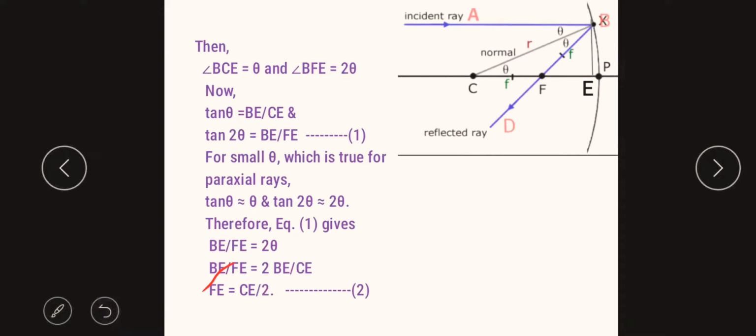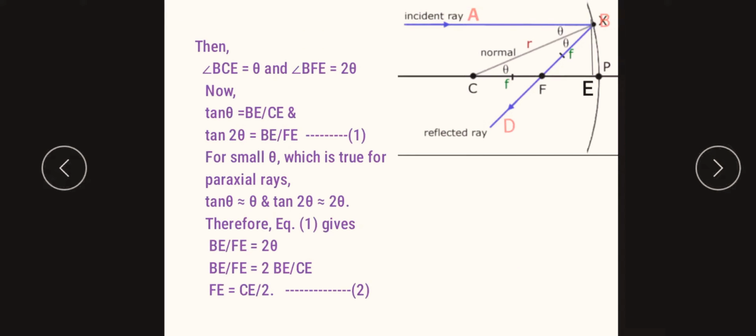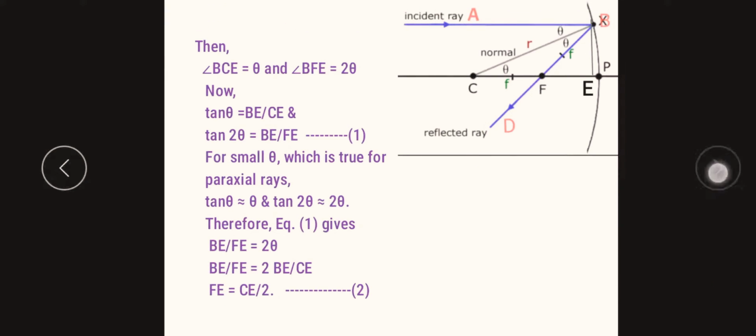The remaining terms are 1 by FE is equal to 2 by CE. Nothing but you can take it as FE is equal to CE divided by 2. So from this you will get FE is equal to CE divided by 2. This is equation number 2.